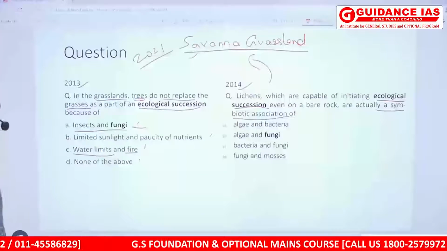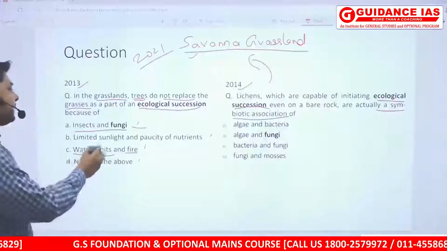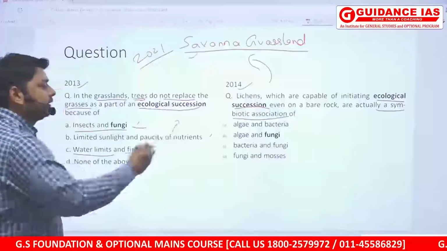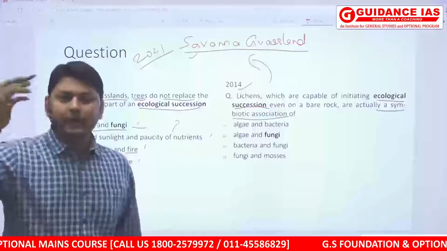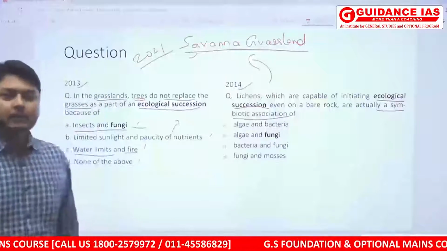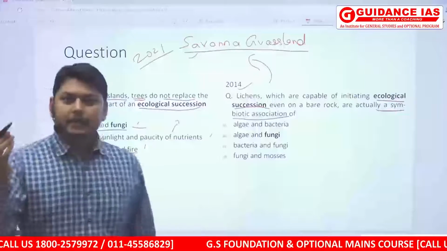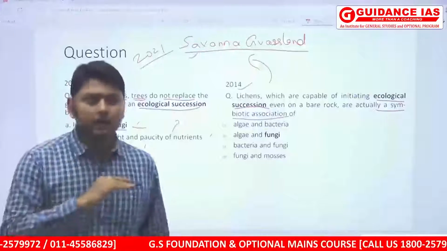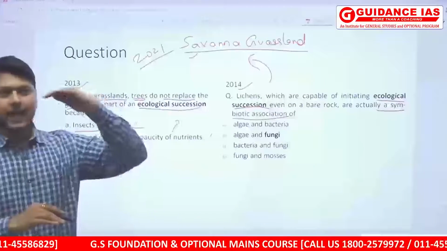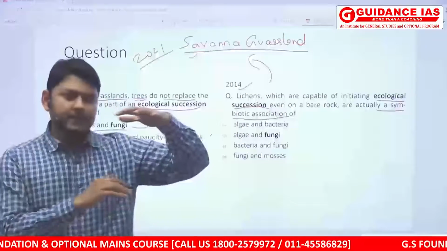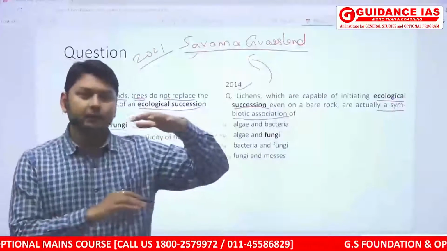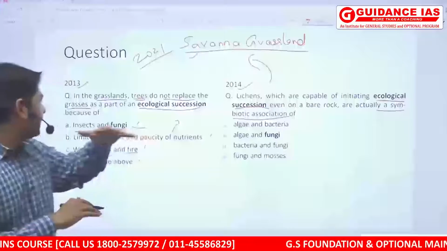Limited sunlight and paucity of nutrients: this basically happens in the evergreen forest because of the huge, tall canopy. There is a paucity of sunlight because sunlight cannot reach the ground level. The higher canopy is dense, but the shrubs and trees at lower levels are unable to get sunlight.